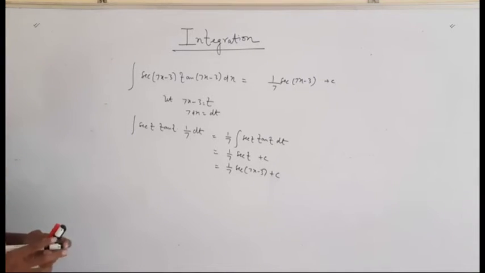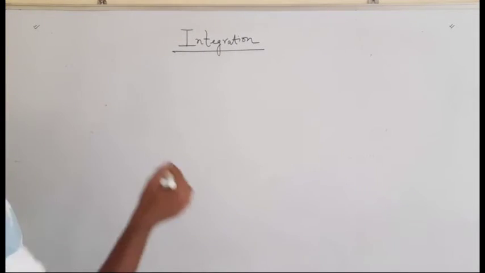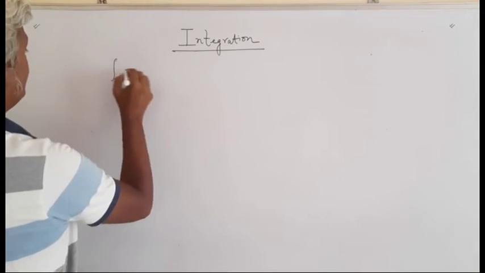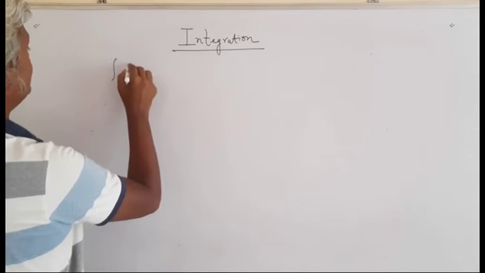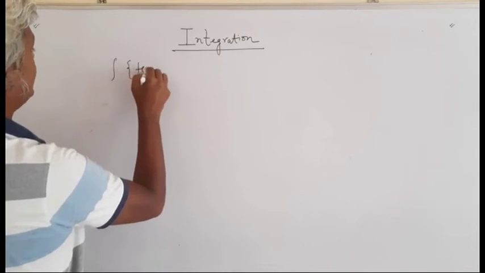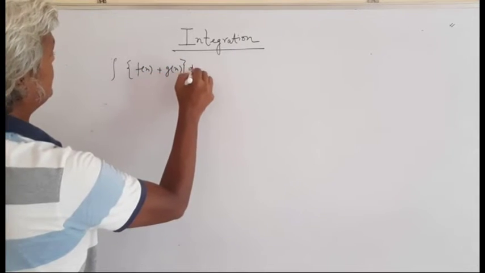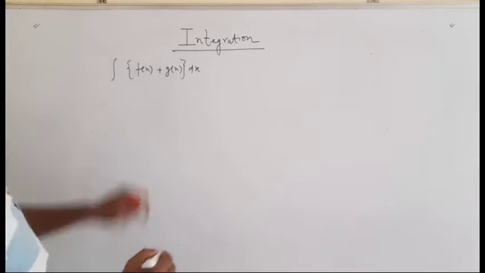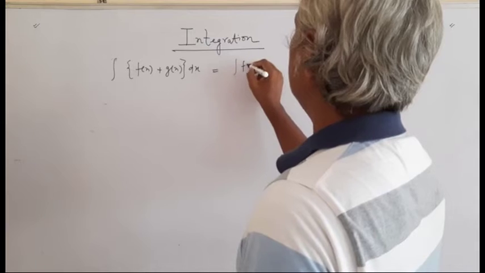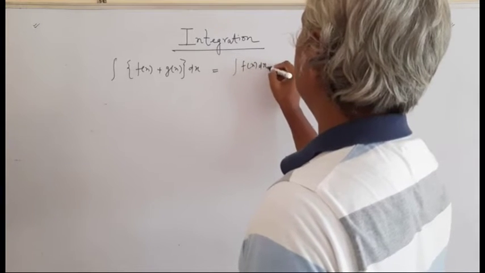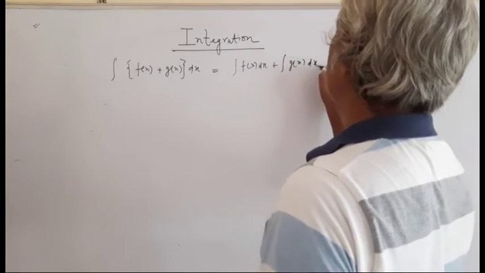Now I'll go to the second form and take another form of integration. This form is called the integration of a sum is the sum of the integrations. So the integration of two functions f(x) plus g(x) equals the sum of the integrations, that is integration of f(x) dx plus integration of g(x) dx.